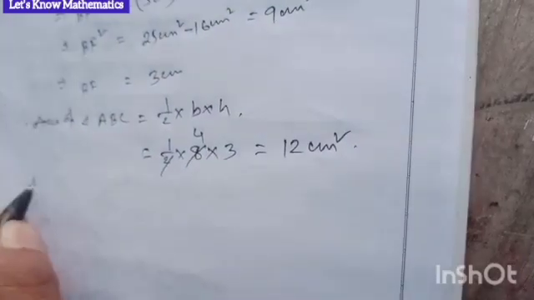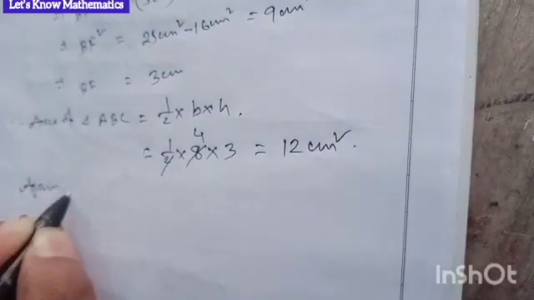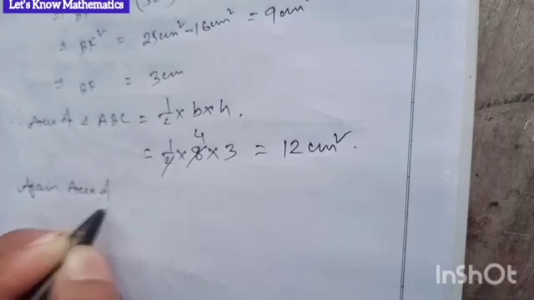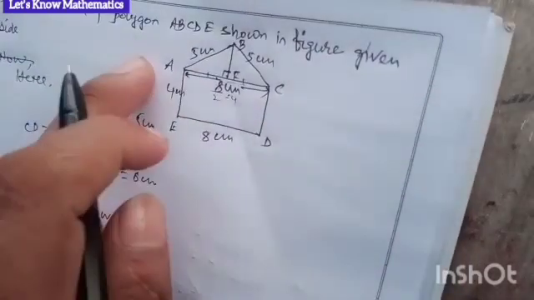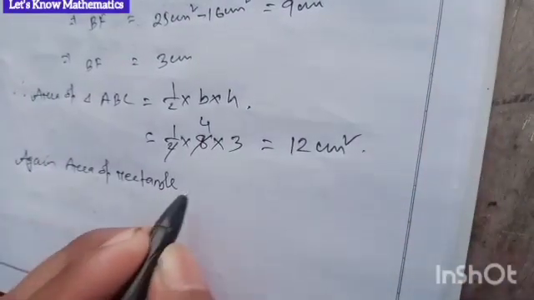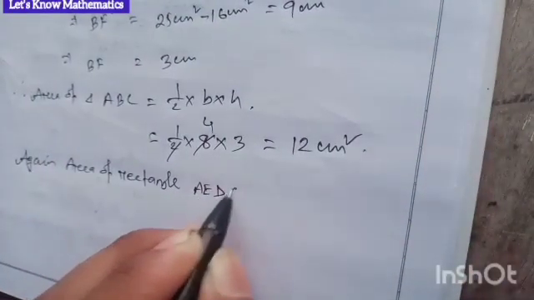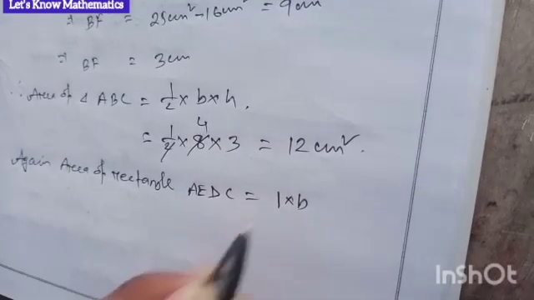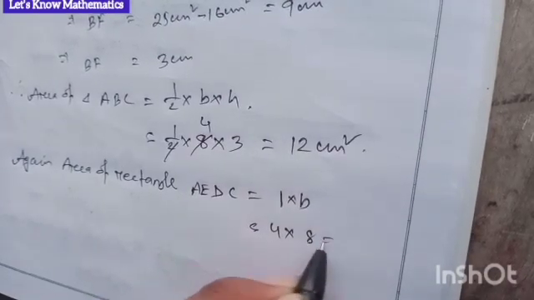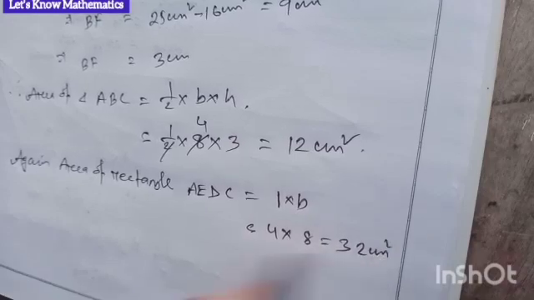Again, area of rectangle AEDC is equal to length into breadth. So 4 into 8 means 32 centimeter square.